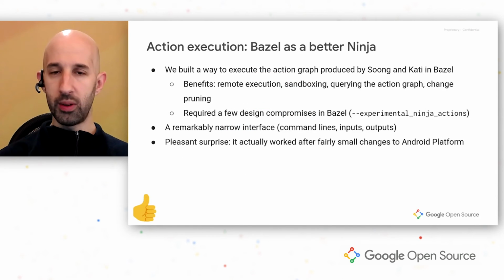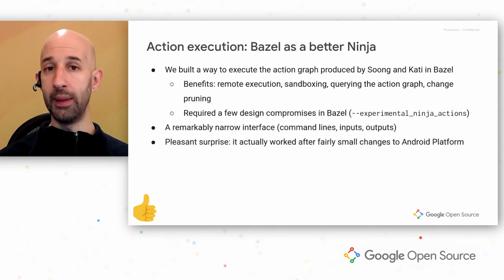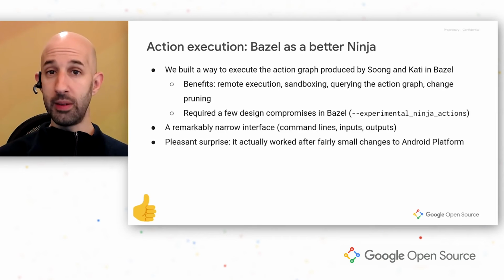I would like to talk about action execution, that is to say, using Bazel as a better Ninja. This was work that was much easier than expected, mostly because the interface to action execution is pretty narrow. An action, after all, is a very simple thing. It has input files, output files, and a command line that one needs to execute. The work required some design compromises in Bazel, but nothing too serious.